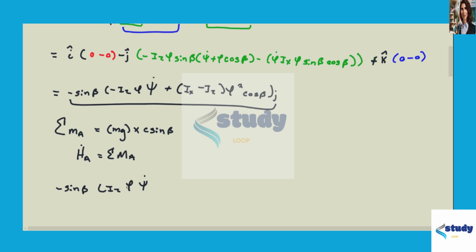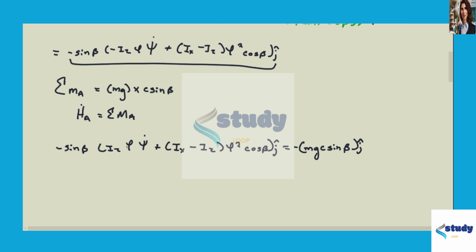Plus I_x minus I_z φ' squared cos β j hat, equals negative m g c sin β, and the j hat, okay?